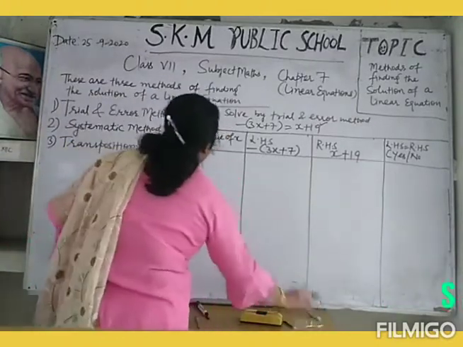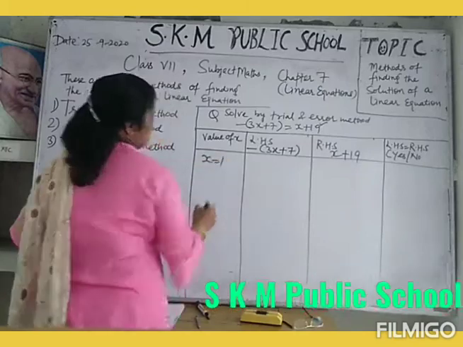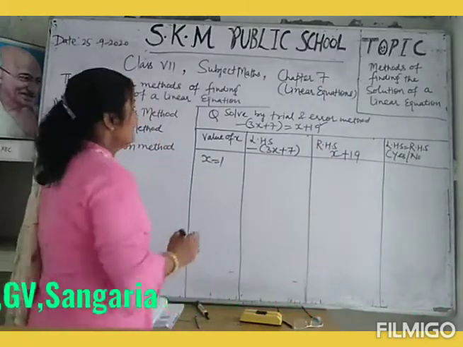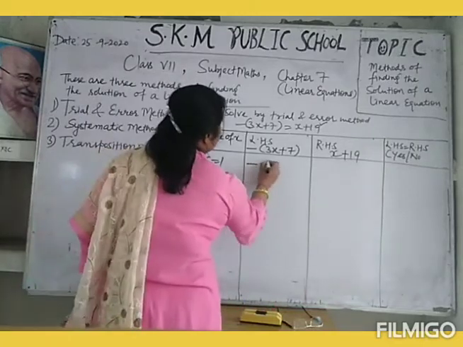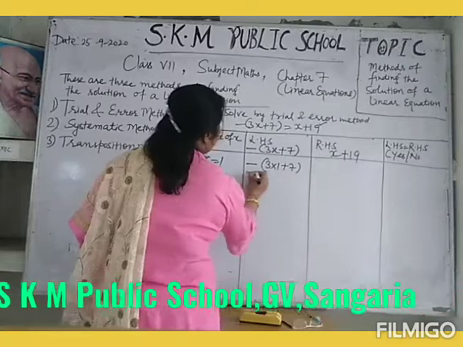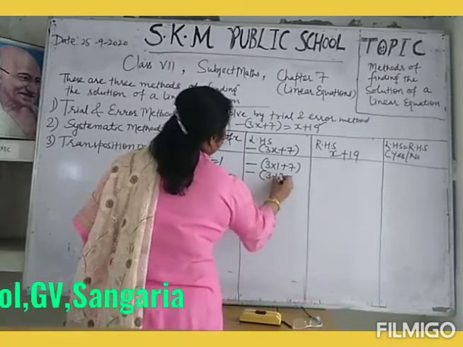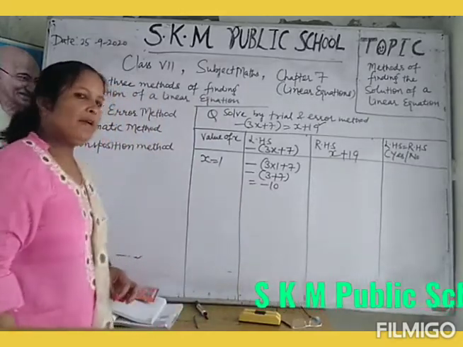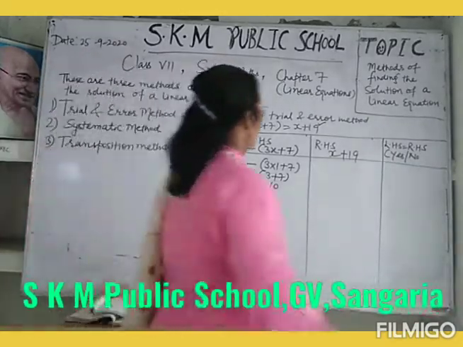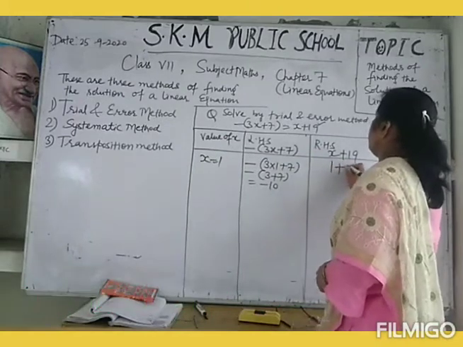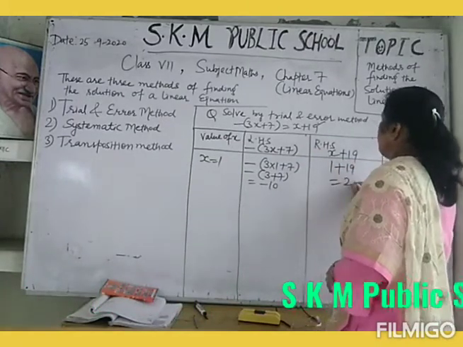Okay. Let's take the value of x is equal to 1. So minus 3 into 1 plus 7 will become minus 3 plus 7, equal to minus 10. Now putting x equal to 1 on the right side, 1 plus 19 will become 20.